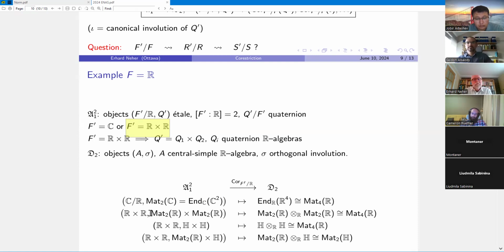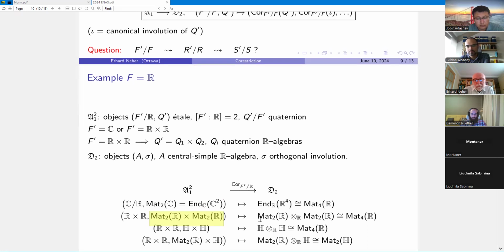And so we get three objects. We map under the corestriction Mat2(R) times Mat2(R) into the tensor product, right? And this is, of course, just 4x4 matrices over R.